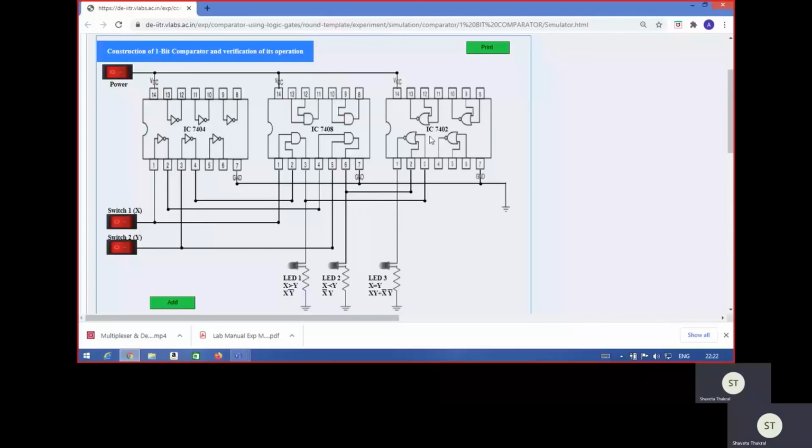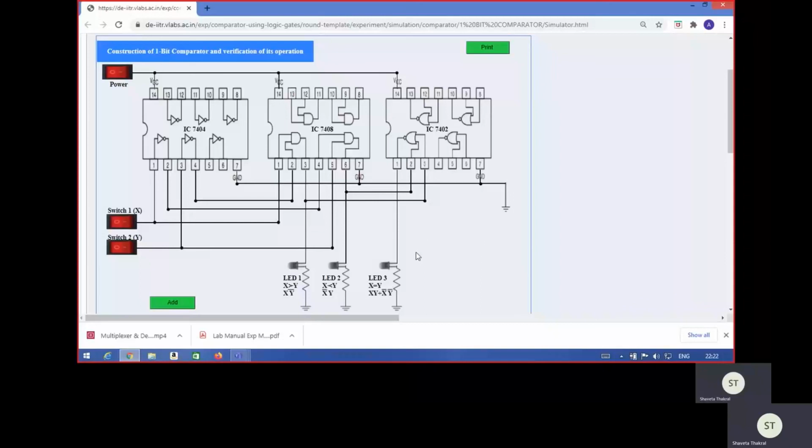So in the NOR gate, the inputs are given at pin number 2 and 3, and at pin number 1 we will get the output. So if we take the NOR of these two signals, that is XY complement and X complement Y, the signal generated at pin number 1 will be XY plus X complement Y complement, and that gives the decision that X is equal to Y.